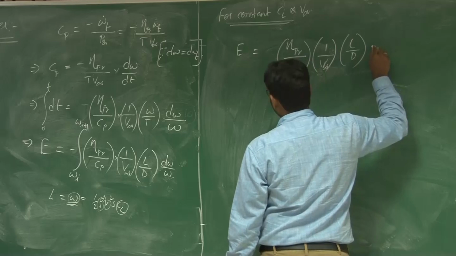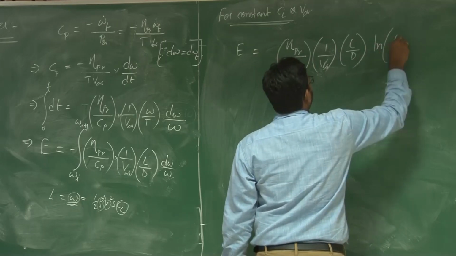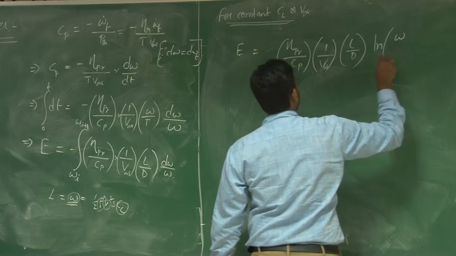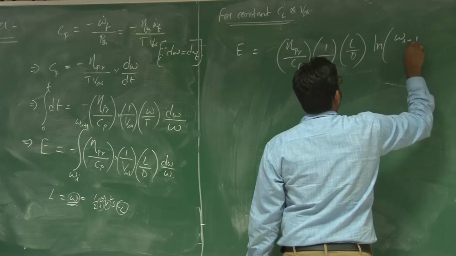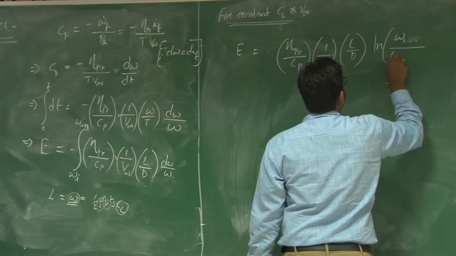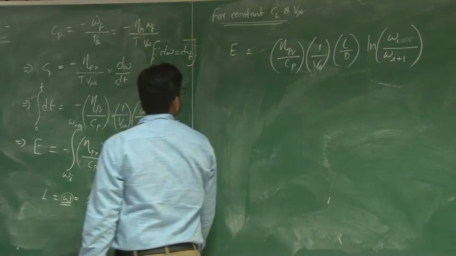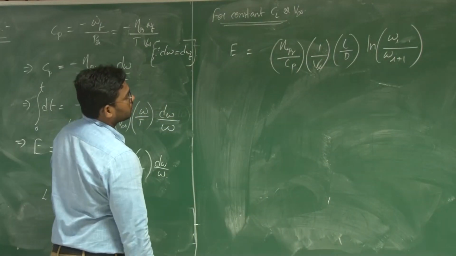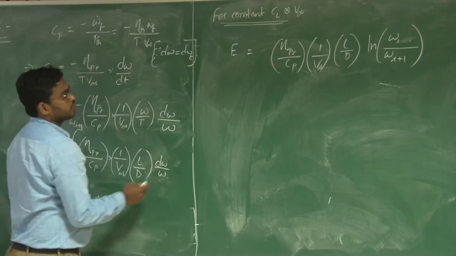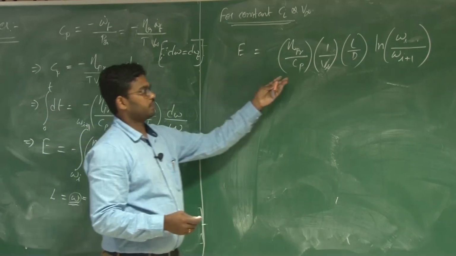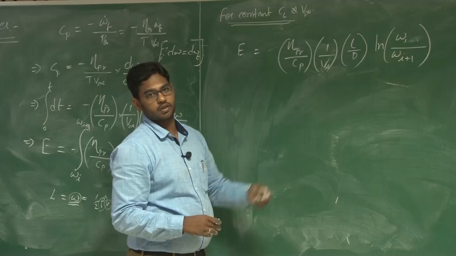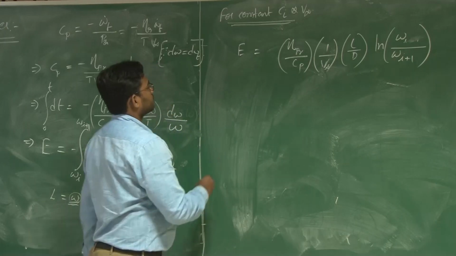So the integral will be ln of Wi by Wi plus 1. So this is the endurance of a propeller driven UAV, when you have constant velocity and CL, right.